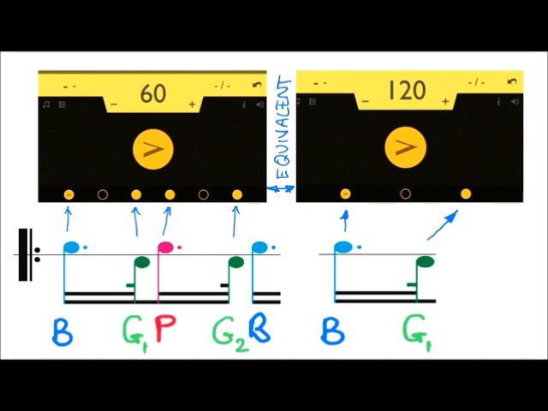And then we've got the equivalent version, whichever kind of metronome you have. If it doesn't have the ability to divide up into 6, you can do it by doubling the tempo to 120 and then using the triplet missing the middle note. Okay.